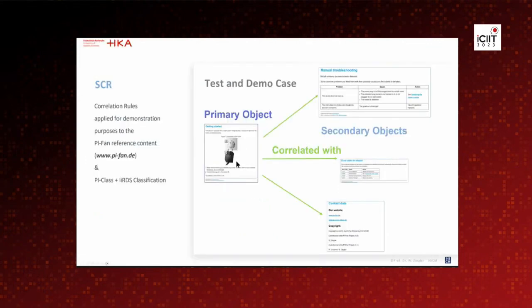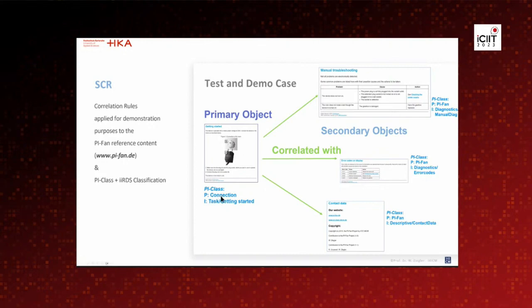And this was the starting point of doing something like correlation rules, as I called them 2 years ago. So it's like a primary object, you look at it like a topic, and you can derive some rules for what kind of secondary objects should be displayed based on metadata. So this is the important thing. We now use the metadata from the CCMS, which are in the end included in the ontology. So it's an ontology of metadata. And you can build up pretty easy rules for how to connect these topics.